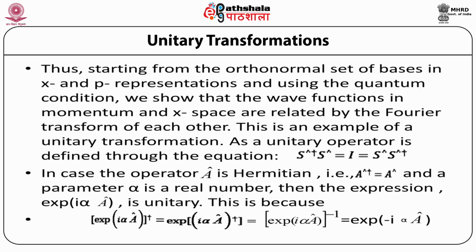Or in other words, the wave function in momentum space can be represented as the Fourier transform of the wave function in coordinate space and vice versa. This is an example of a unitary transformation, that means a transformation in going from one space to another space through a Fourier transform.